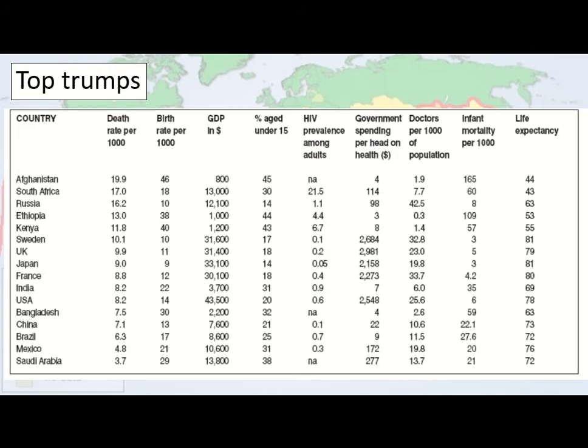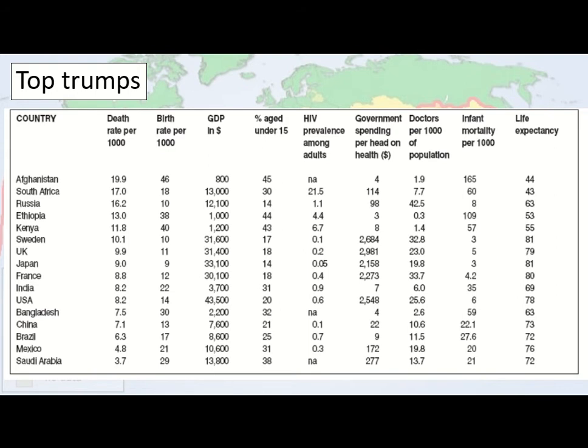Top trumps, if you've never played it, firstly, who are you? But secondly, it's a game where you've got a certain card with statistics on it. Now that could be a car. And on that card, it gives you loads of stats like top speed or value or I don't know how many Formula One races it's won or whatever it might be. Now, if you think of each card as a country, and on that country's card, it's got loads of stats.